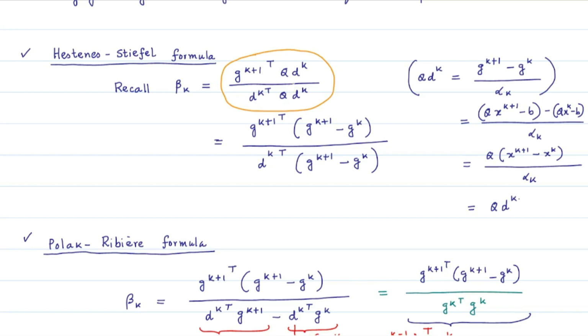All these three formulas for beta_k give us conjugate gradient algorithms that do not require explicit knowledge of the Hessian matrix Q. And for a quadratic function, all these three expressions of beta_k are exactly equal.